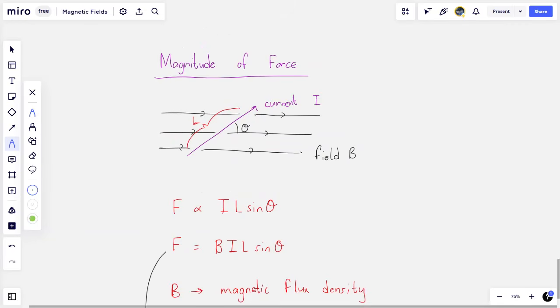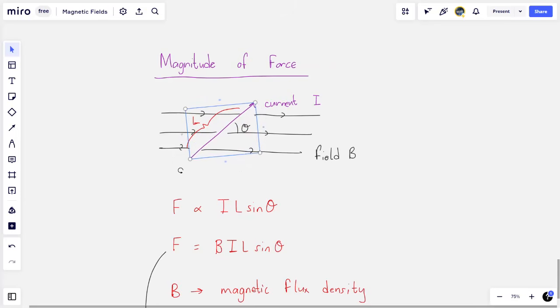If the current at any point becomes parallel to the field, the force becomes zero, because theta becomes zero. So if theta is 0 or 180 degrees, sine theta is 0, there's no force. So the wire must be at some angle to the field lines in order to feel a force.